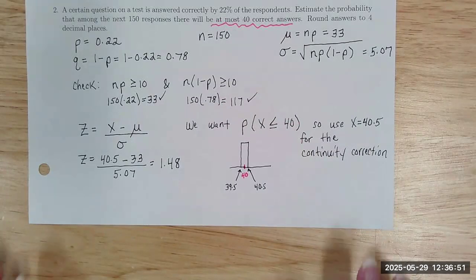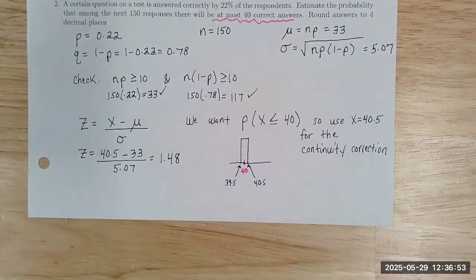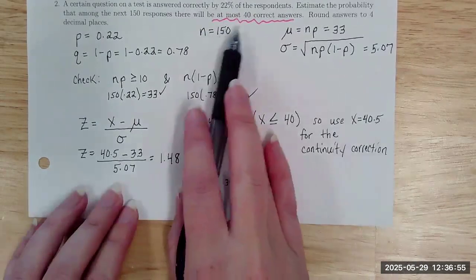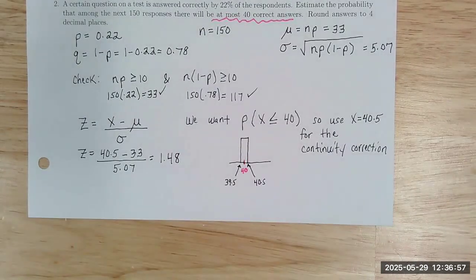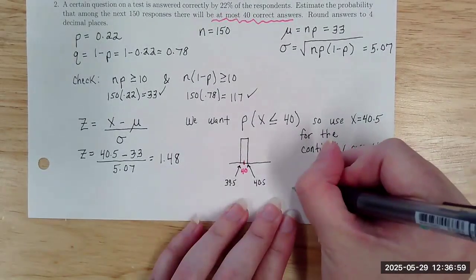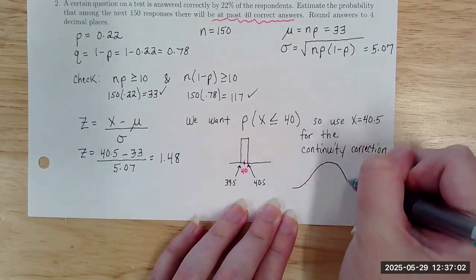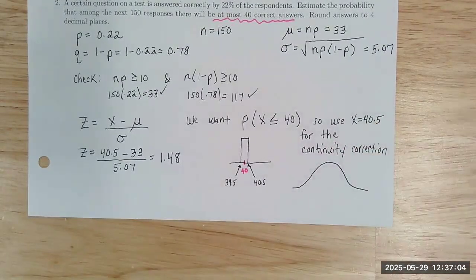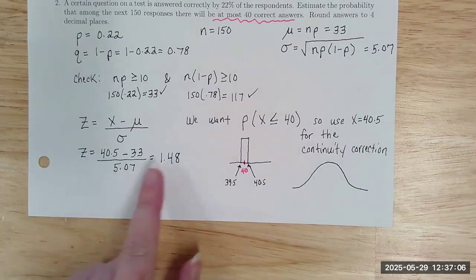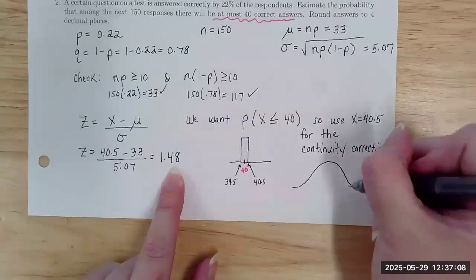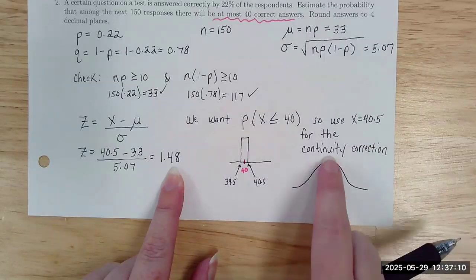Now, we want there to be at most 40 correct answers. And we're using the normal distribution curve to help us make an approximation here. The z value we got was 1.48. So remember, 0 is right down the middle.